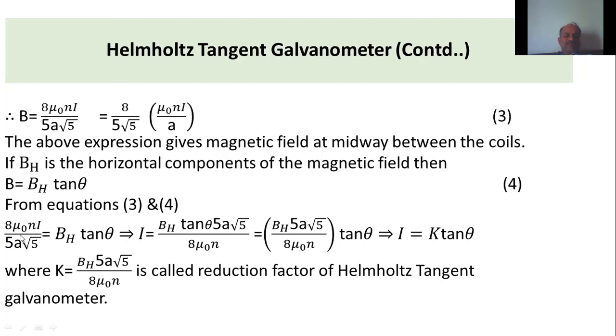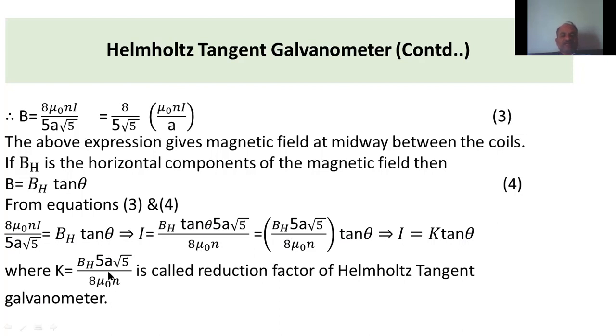So this is the RHS, which is equal to BH tan θ. Simplifying, I is equal to BH tan θ into 5a root 5 divided by 8 μ0 n. Taking tan θ outside, I is equal to K tan θ, where K is the quantity present in this bracket.